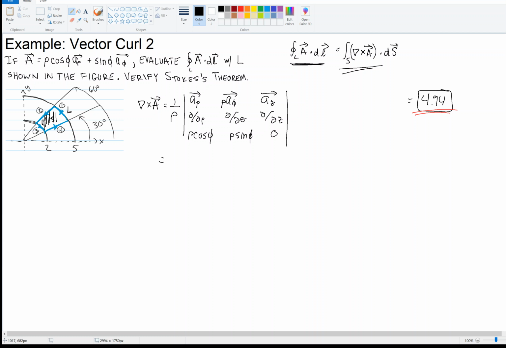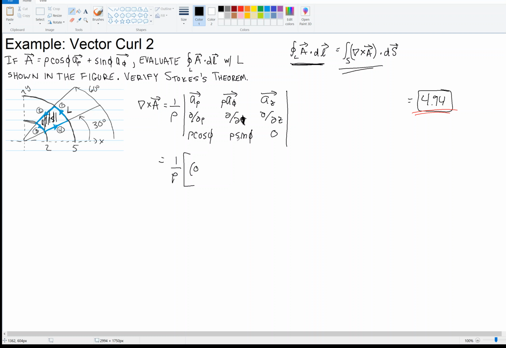All right, so let me compute this curl then. So I've got 1 over rho times the determinant here. Start with a rho. I'll assume you know how to do this by now. So we've got the partial on, this should be phi, not theta, excuse me. The partial on phi is 0, so that's 0.